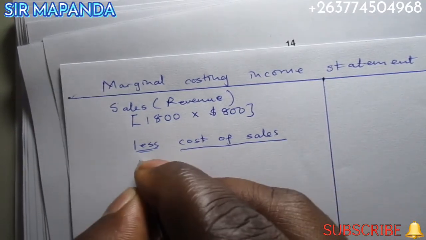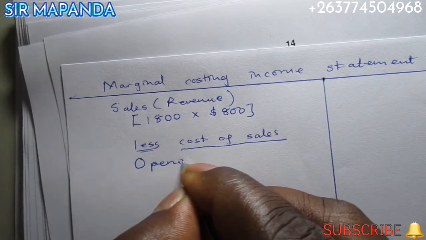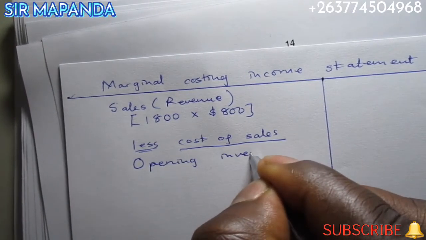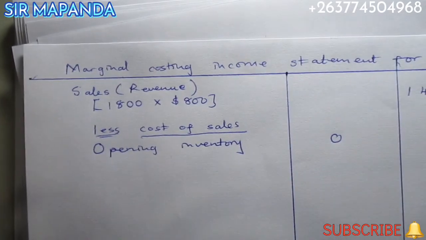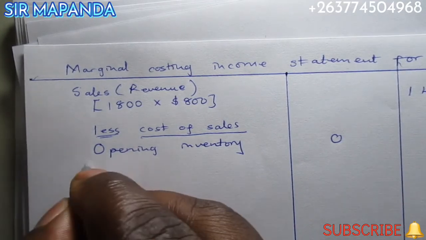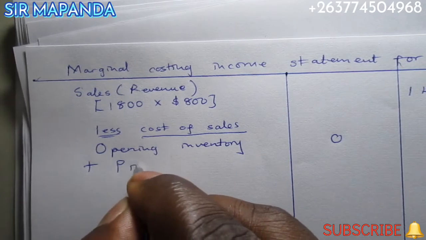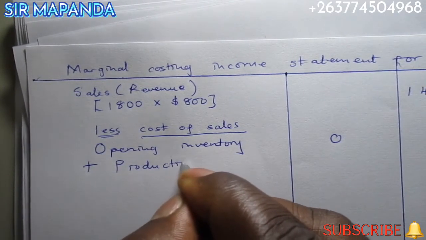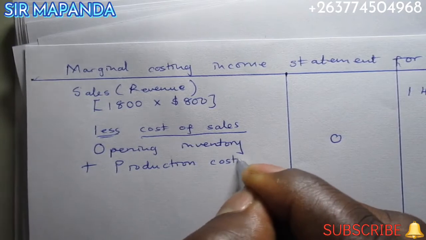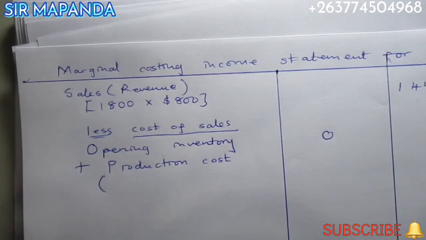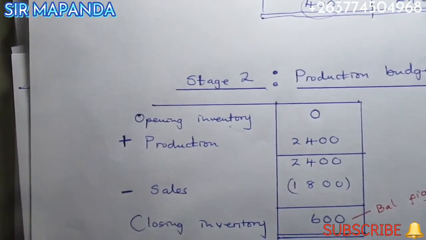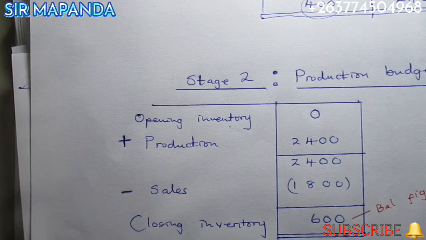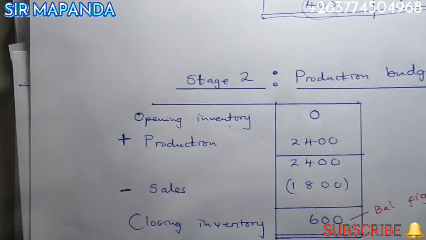So under less cost of sales, you start by opening inventory, which is going to be 0, since we do not have stock on hand at the beginning of September. I hope you are following. Then add production cost. To calculate production costs, you look at your production budget first to identify the number of units produced. So the number of units produced is 2,400.